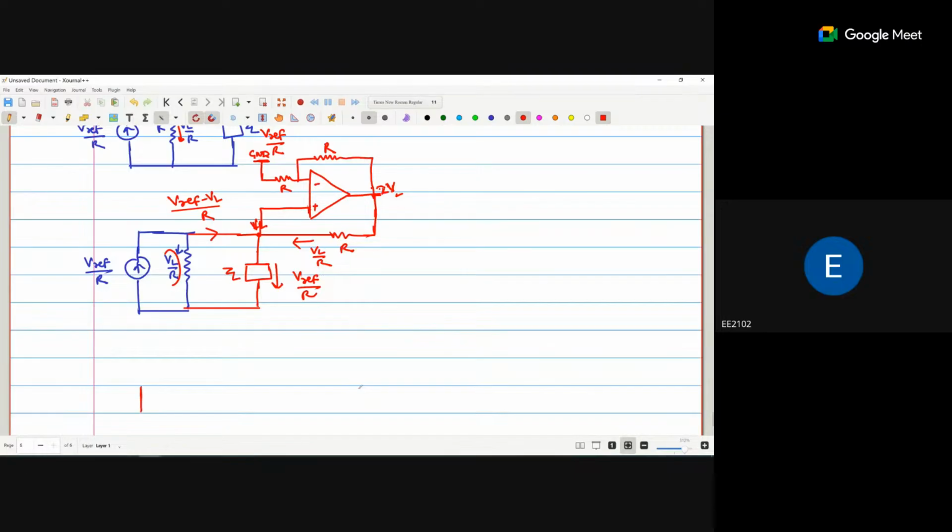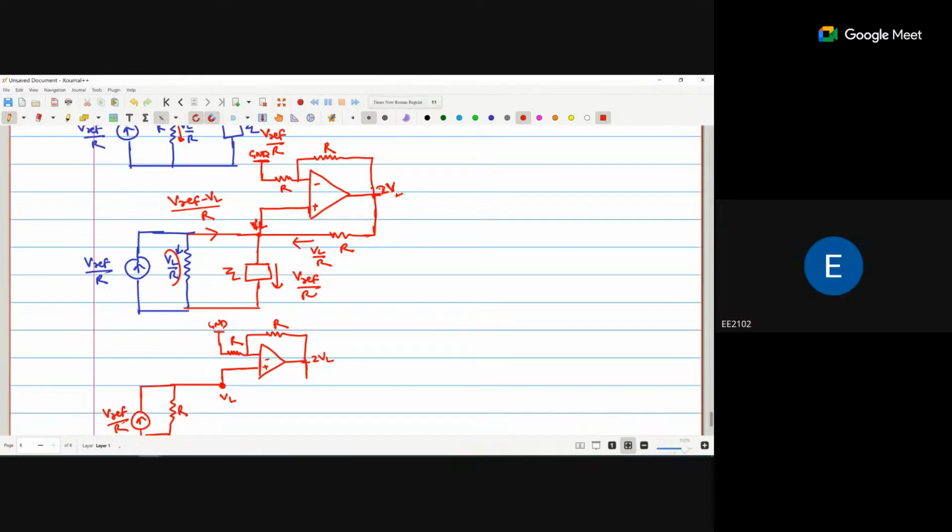So we are getting V reference by R. This is R. Now this is the VL point. I connect this VL point in the operational amplifier, ground, resistance, resistance R and R. So we are getting 2 VL.